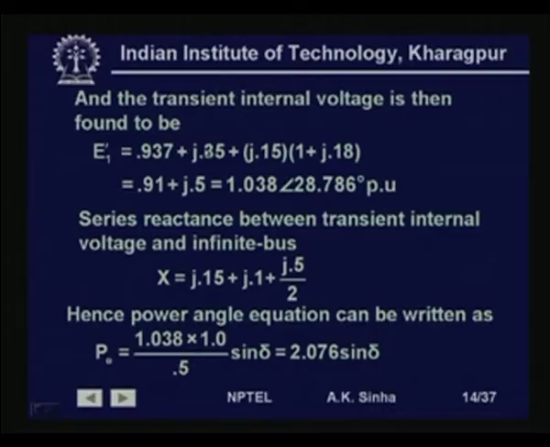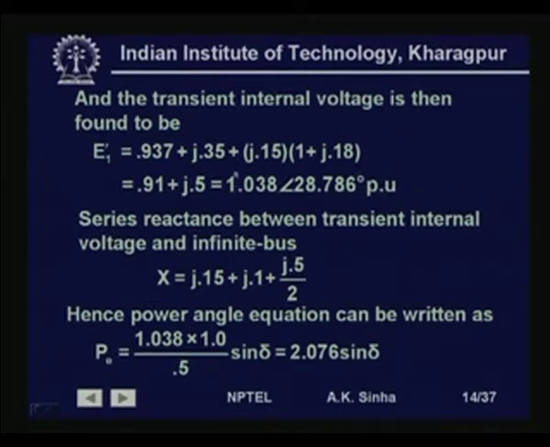It is not able to change the voltage behind the transient reactance in that time. That is, the action of AVR is not taken into account in this case. Otherwise, with the fault, this voltage will increase considerably, because AVR will try to boost the internal voltage by increasing the excitation current.